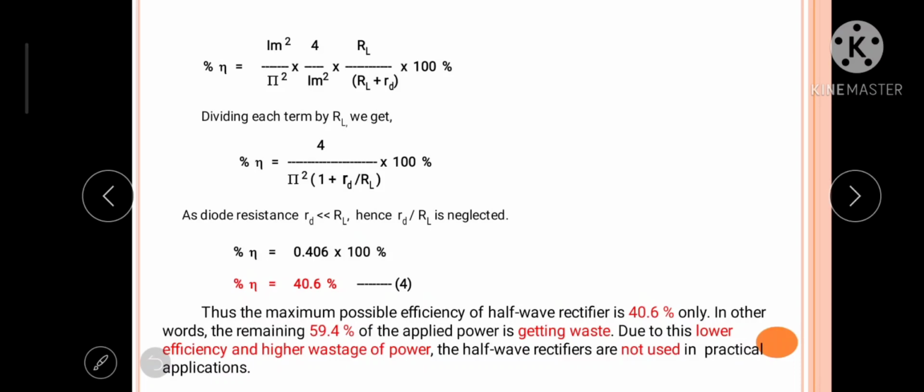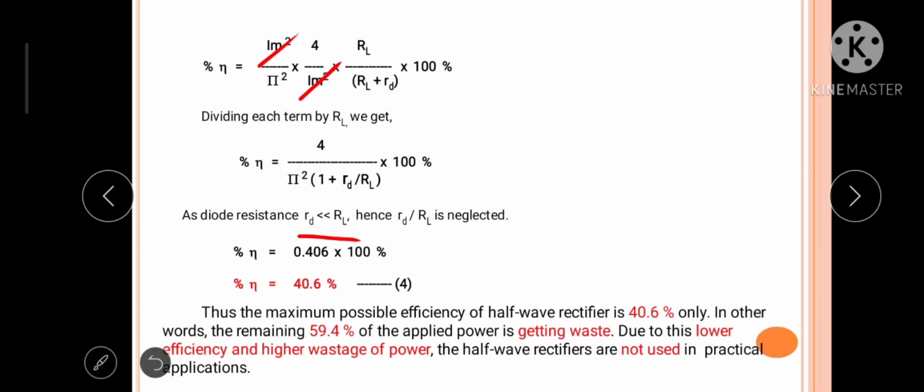In this equation, Im square gets cancelled with Im square. Now, dividing each term by RL, we get eta equals 4 upon pi square into 1 plus RD upon RL into 100%. Again, in this term, the diode resistance RD is much less than the load resistance RL.